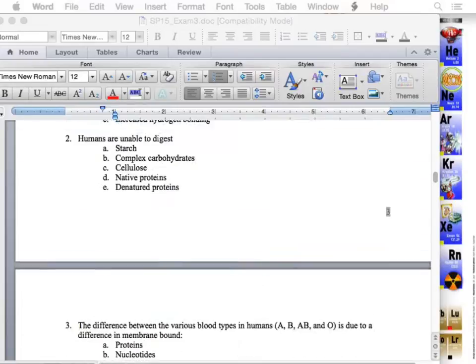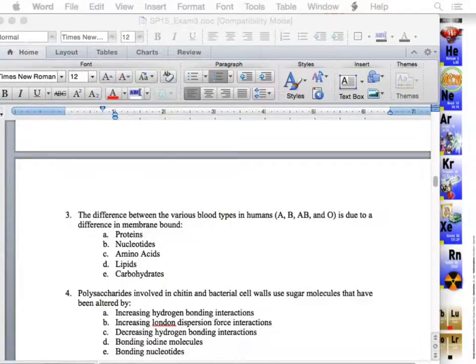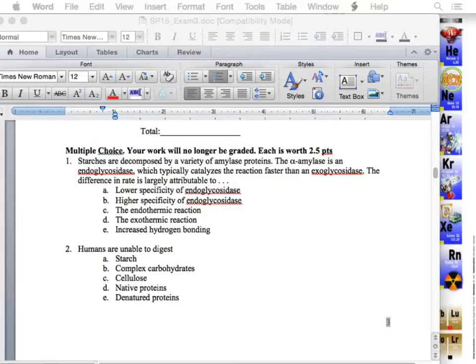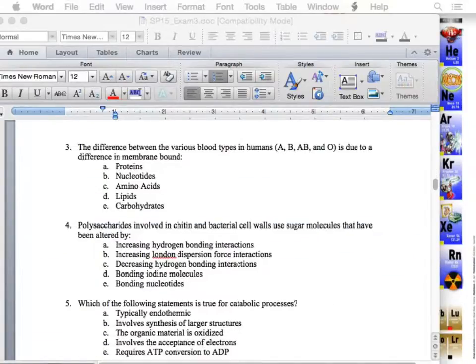More starch. What's the answer for 4? We just did all the labeling. No, for multiple choice. It's a starch question. Oh, you just wanted to know the answer? Yeah. It was like A or E. Increasing hydrogen bonding interactions. Think about your chitin and your bacterial cell walls. What are they for?